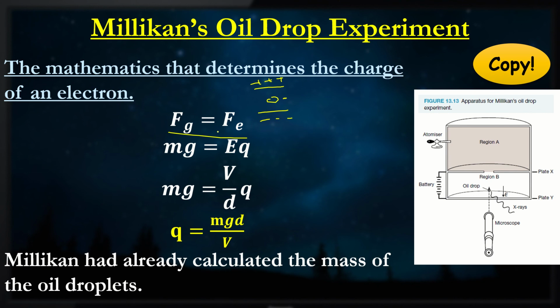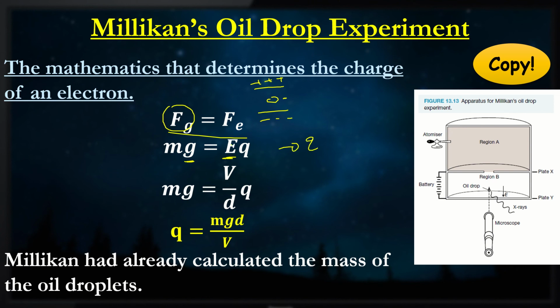We know that the force of gravity, or the gravitational force, is mg, and the force exerted on a charged particle by the electric field is this. Now notice this is assuming that we have a uniform gravitational field and a uniform electric field here. Okay, so I could simply rearrange this.